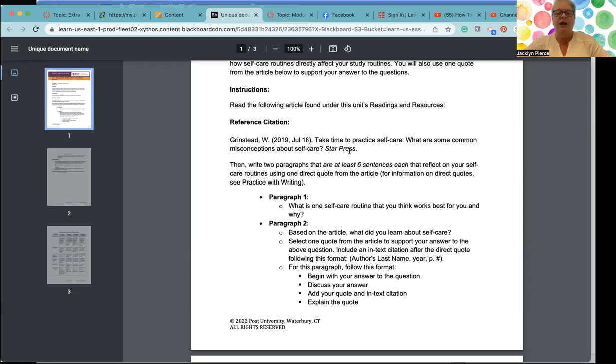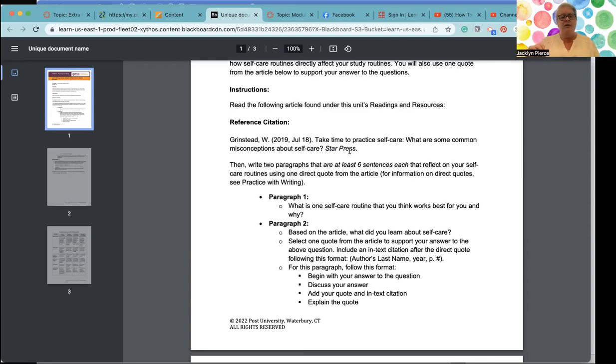In this particular case, each of the 2 paragraphs, here's a new requirement, need to be at least 6 sentences. Now, I'm not a huge fan of numbers of sentences for well-developed paragraphs, but it's part of the rubric, so it's important to note it here.